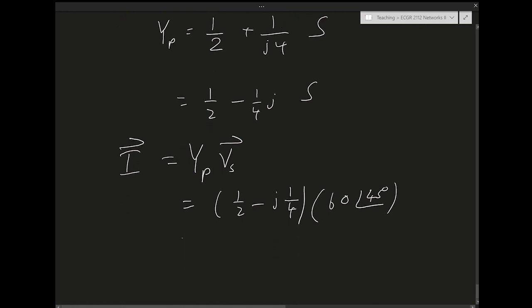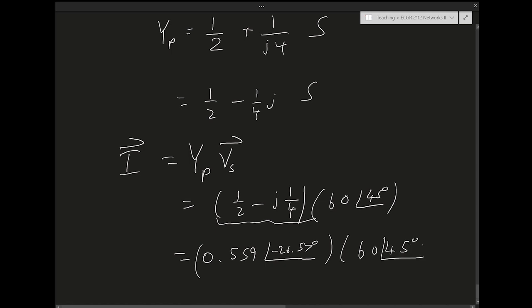I want to do this multiplication, so I have to turn this into polar form. So this will be 0.559 at minus 26.57 degrees times 60 at 45 degrees.